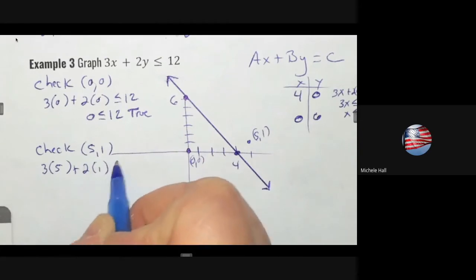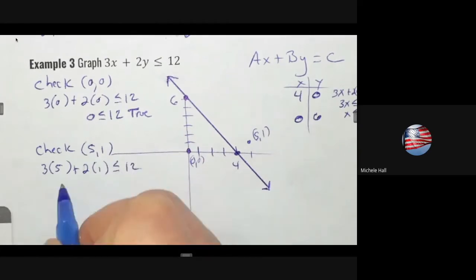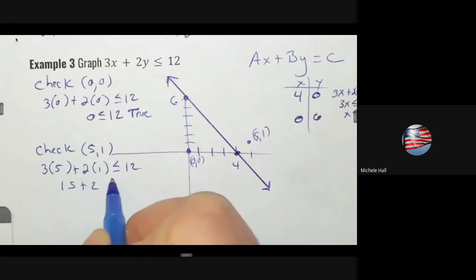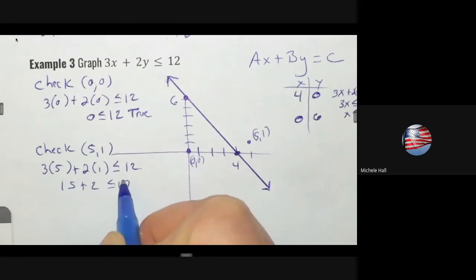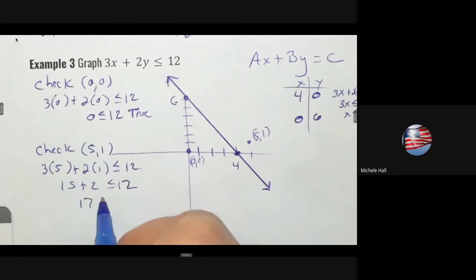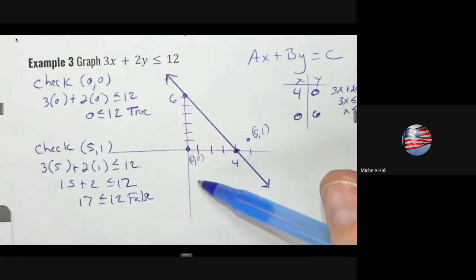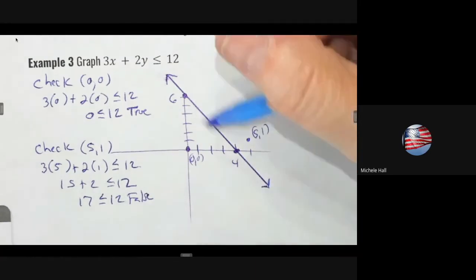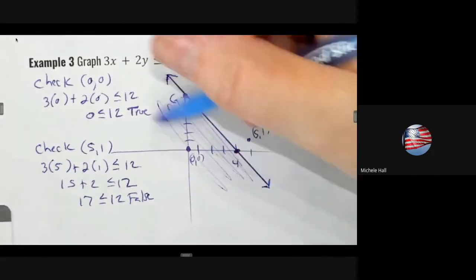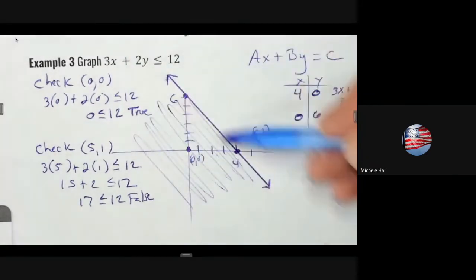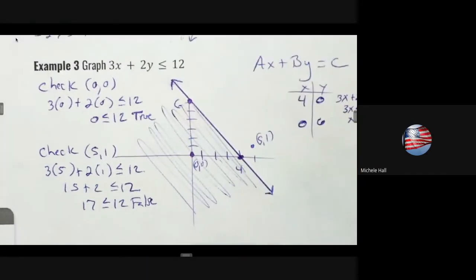Is that less than or equal to 12? 15 plus 2, and 17 is not less than or equal to 12. So it was false over here and true on this side. That means I will shade that side. All of the coordinates on this side of the line will be a solution for the inequality.